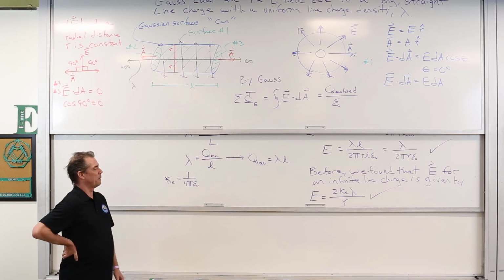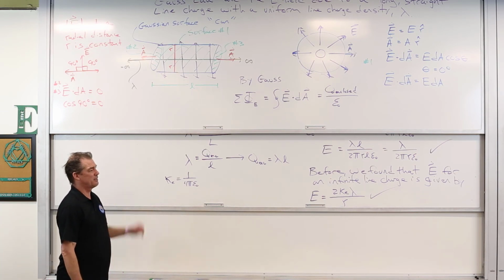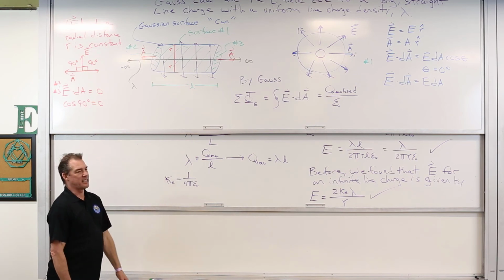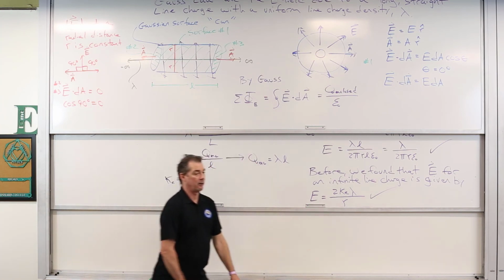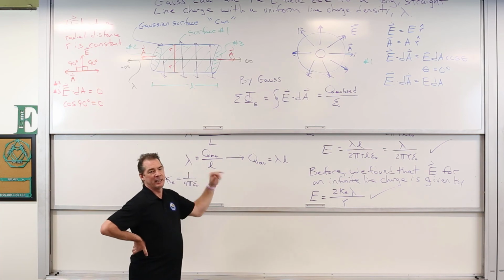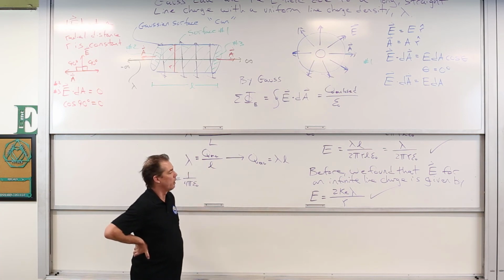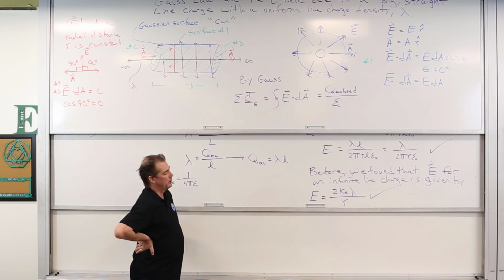That can be a little bit more difficult than just trying to set up some integral, but the integral itself wasn't super easy to set up either. We had lots of different variations with respect to determining this quantity from the line segment. But it's just another method, and it comes in really handy for very symmetric cases in which you can find a nice Gaussian surface. But that's it for that part.